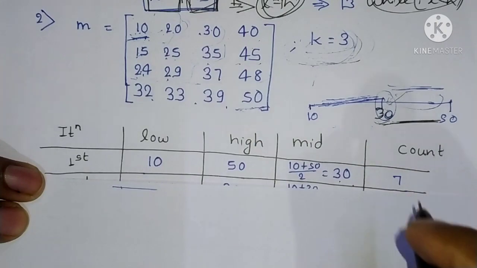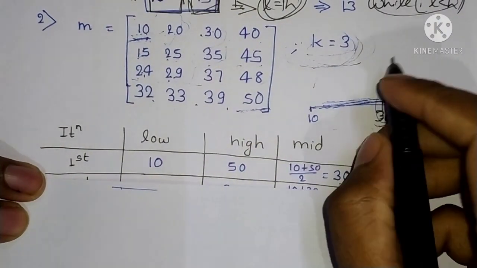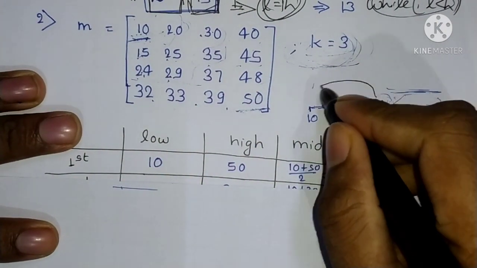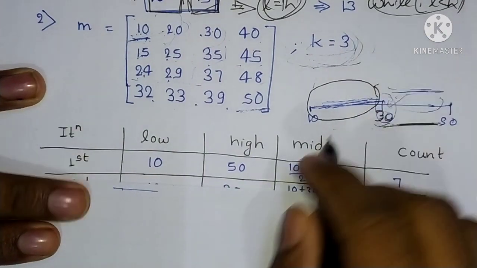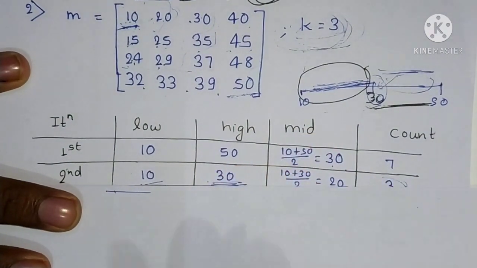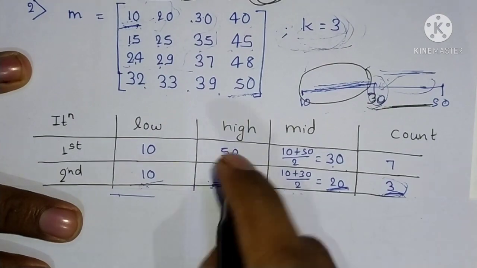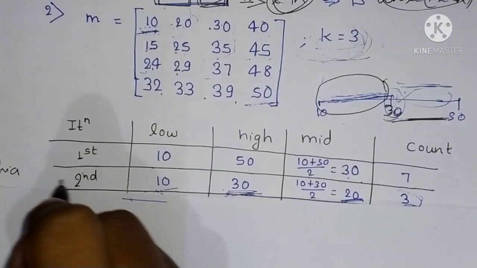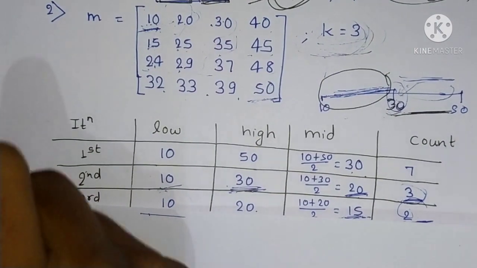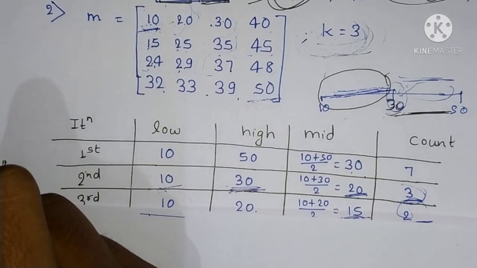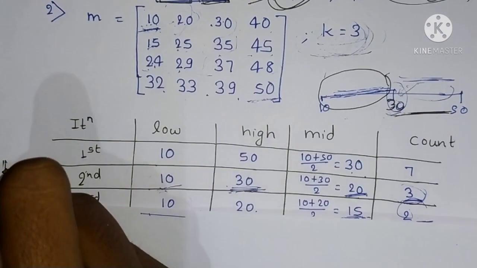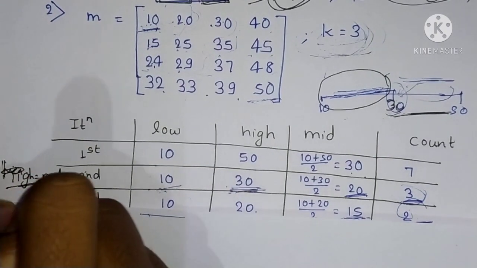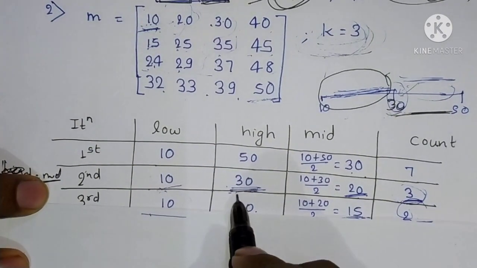So what will we do? We will have to check this range. First of all, we will set high to be 30, high equals mid.